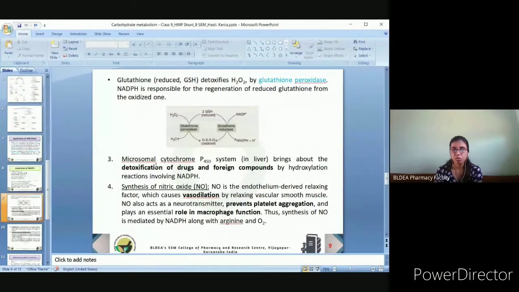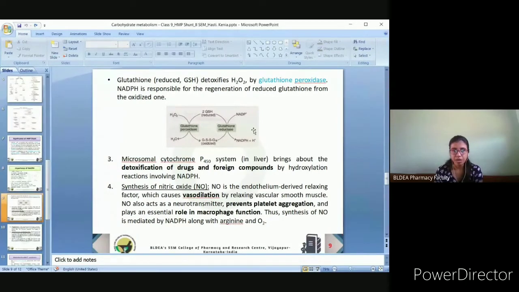Another is the microsomal cytochrome P450 system. These P450 enzymes are majorly responsible for carrying out metabolic processes in the body. Now these carry out oxidation of the compounds. Always, metabolism, or catabolism, is facilitated by carrying out the oxidation of the starting materials.